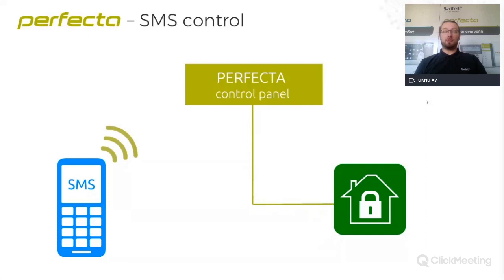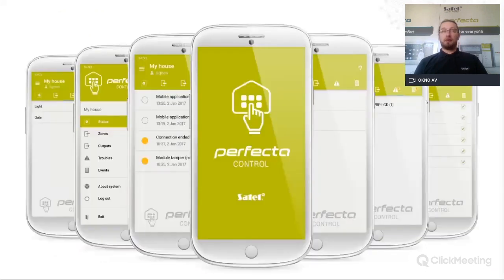So this will give you additional possibilities. But of course, I will always advise to use the mobile application because it's easier to use and less writing than the SMS, especially as you have feedback on what is happening on site.